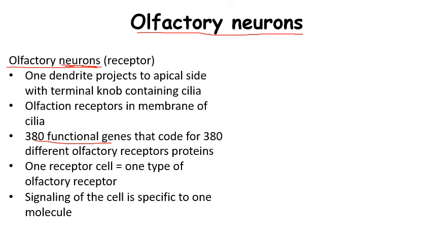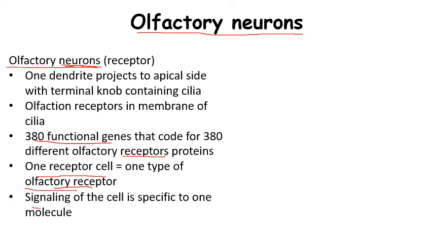Okay, so we have sensation for many different molecules, and we have many different receptors in the case of olfaction. Okay. What we're going to see is there's one receptor cell, one type of olfactory receptor. So we're not going to be able to sense multiple different molecules on the same sensory cell. So each cell is devoted to a specific smell.